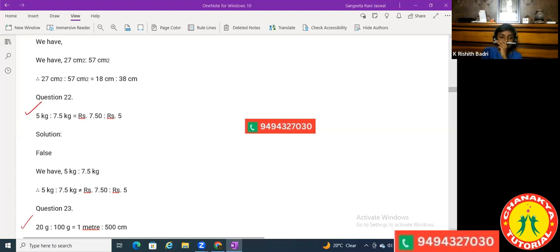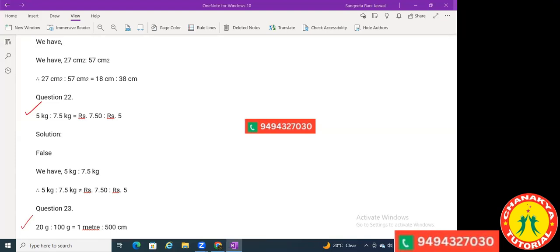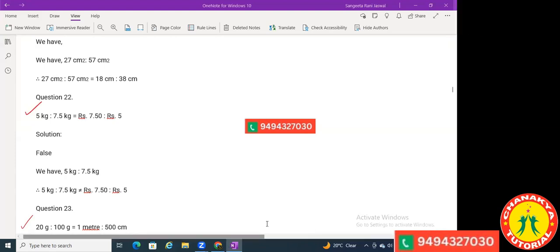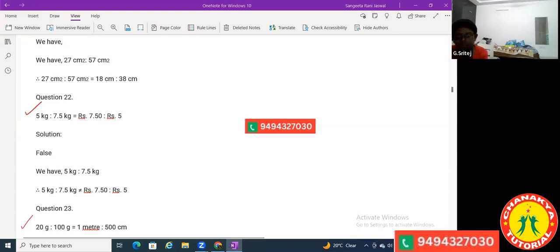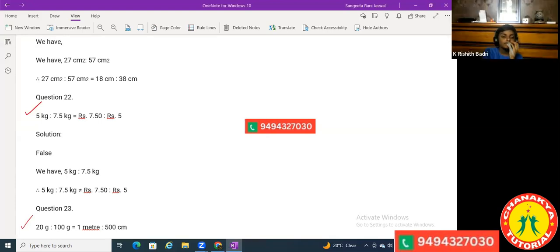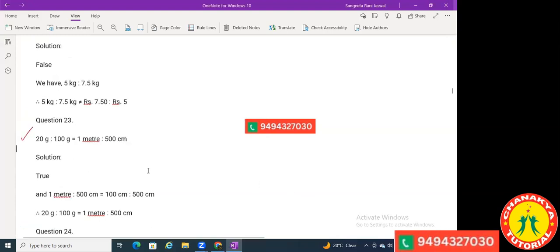So 100 is to 500 will be 100 by 500, which is 1 by 5. And 20 by 100 will be 1 by 5. So are they equal or not? Yes, ma'am, they are equal. Ma'am, I sent you the same answer. Yes, good.